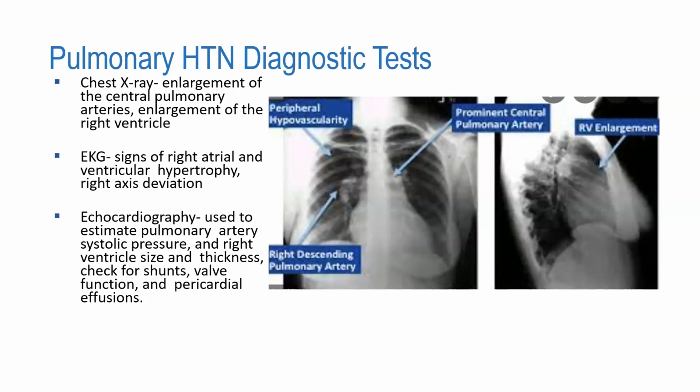But if on the EKG, we see a really big R wave, normal width but really tall in V1, V2, V3, along with sharply spiked looking tented P waves in lead 2 and V1, I'm going to say, hey, I might need to look at this patient for pulmonary hypertension.